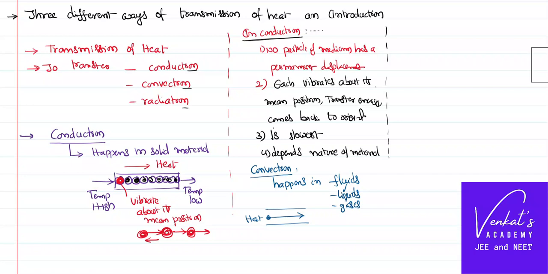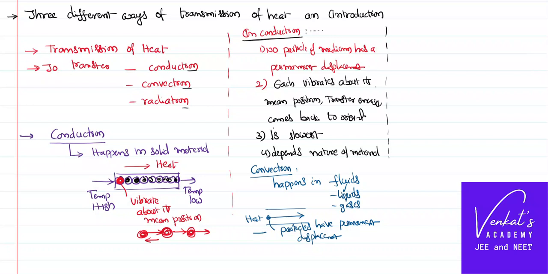To transfer the heat, it itself moves. So the particles of the medium have permanent displacement. That's not the case in conduction, but in convection, particles have a permanent displacement. They will never come back to their original position.